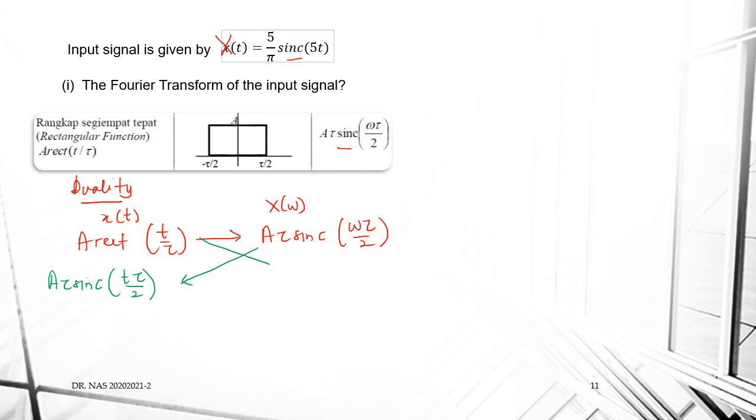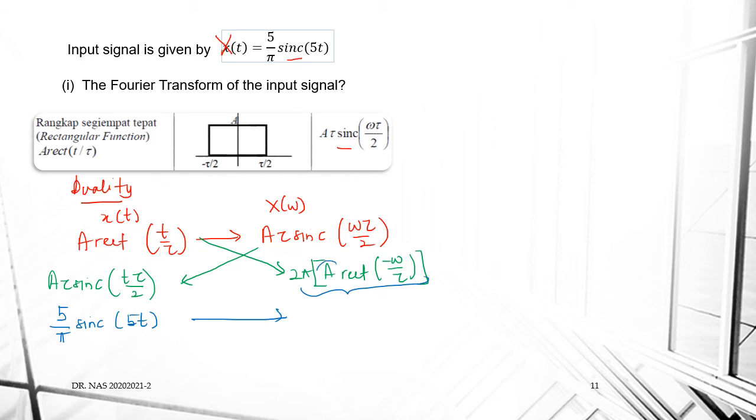And the Fourier transform of this is equal to 2 pi A rectangular, replacing t with negative omega over tau. Now compare the given equation with yours. Your x(t) equals 5 over pi sinc(5t). It will produce something like this, but you need to identify what your A and tau are.